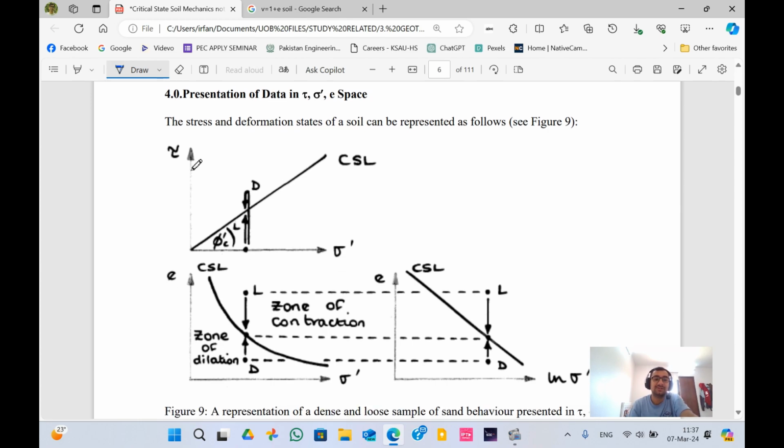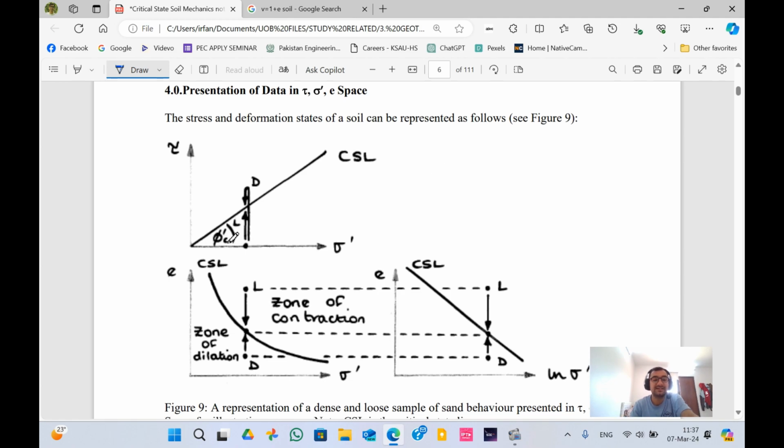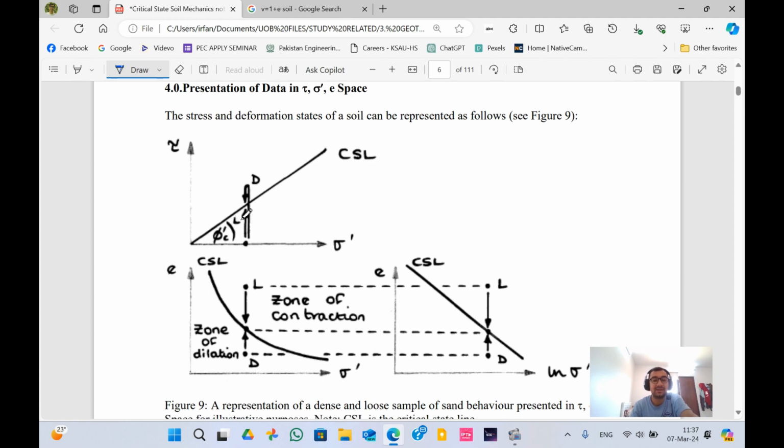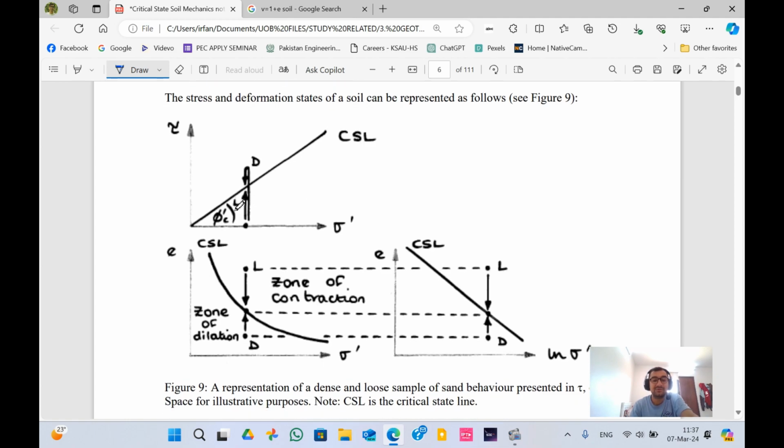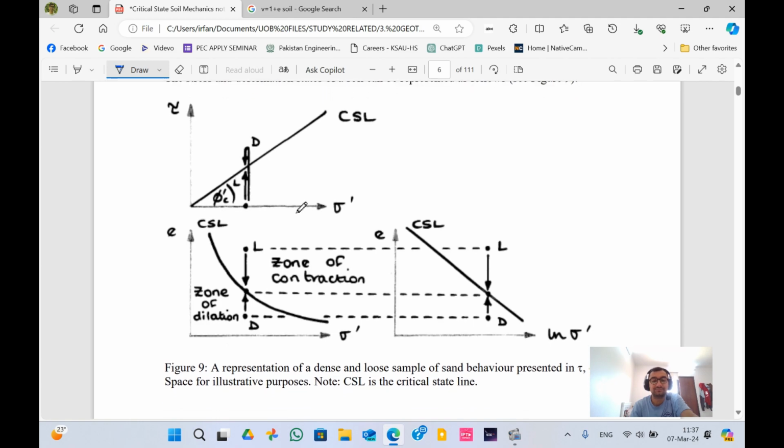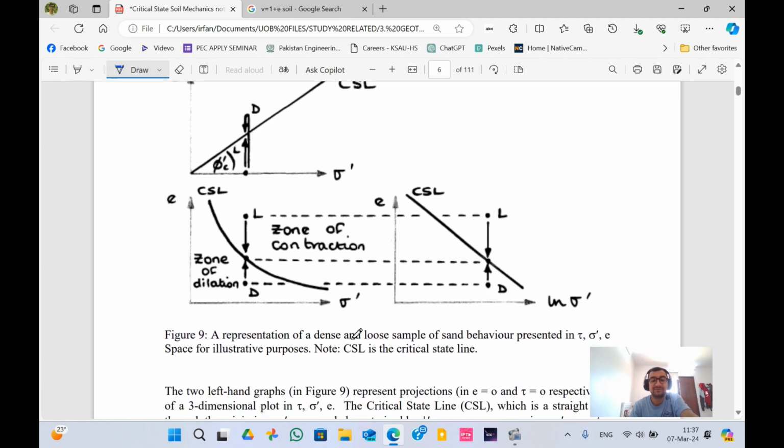This graph shows shear stress versus effective stress, and the line in between shows the critical state line. I will tell you what the critical state line is in the next view. The angle it makes is the critical inclination, or critical angle. This is for loose soil, I think. A representation of dense and loose soil sample behavior is shown in the figure.